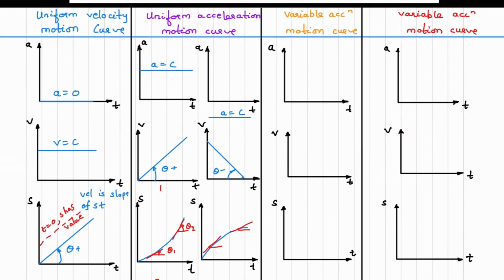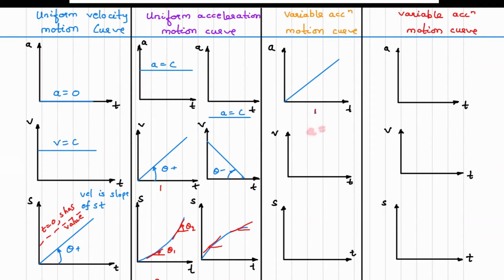Okay. Now next, it is variable acceleration motion. Okay, now in variable acceleration motion, how you will draw acceleration versus time diagram? So this is variable acceleration motion. So we will consider this as linear. Okay, so this is acceleration. Okay, now here degree is suppose 1. Now velocity versus time. How to show this?